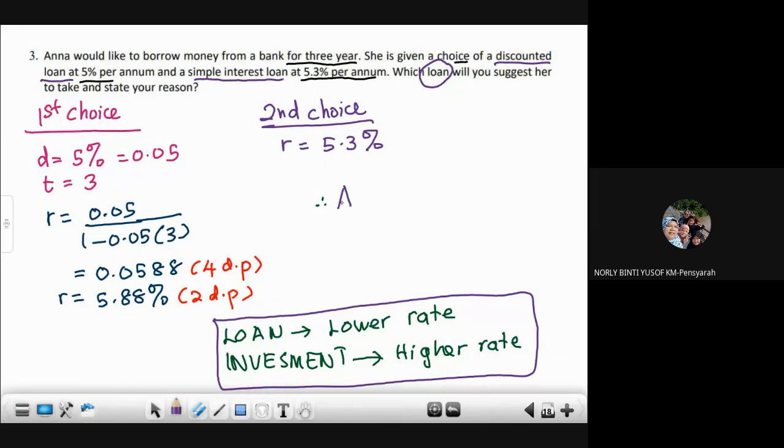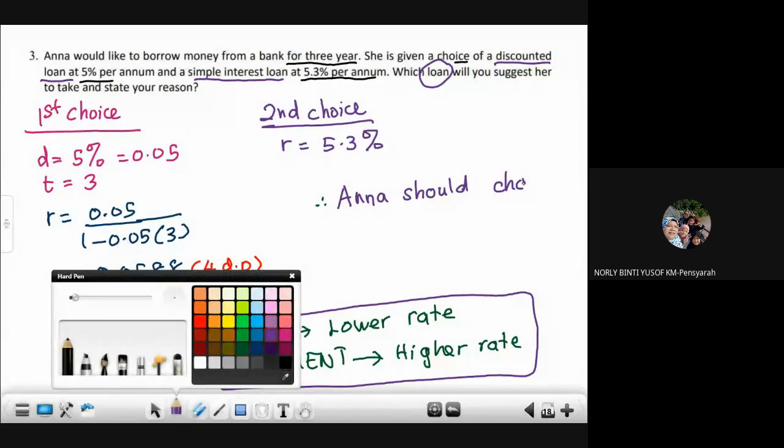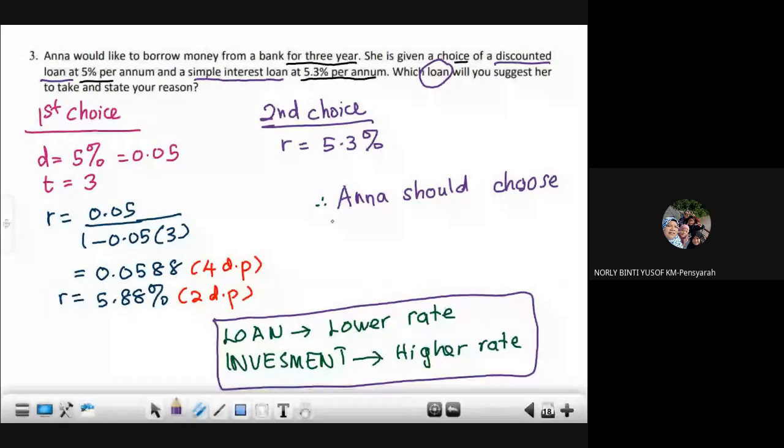So Anna should choose second choice, simple interest loan 5.3%.